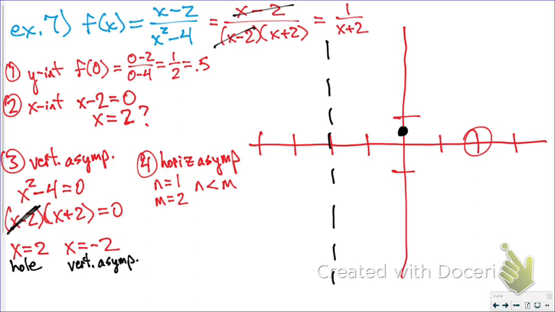If you look at the red one, the largest exponent is 0, largest exponent is 1, n is still smaller than m. That is scenario 1. And we know we have a horizontal asymptote at 0, which is another reason why you have a hole in the graph at that spot. It's kind of hard to keep all this in check.